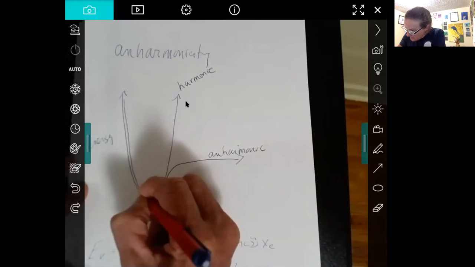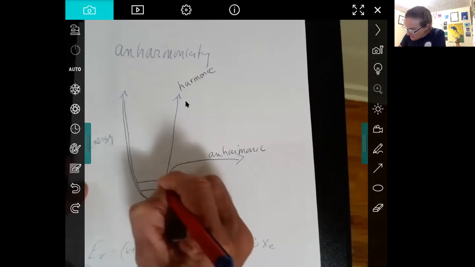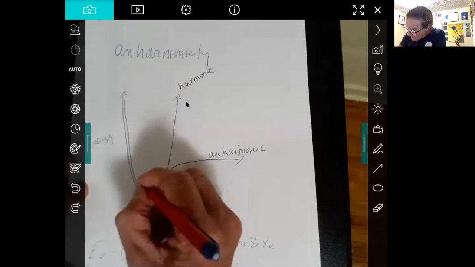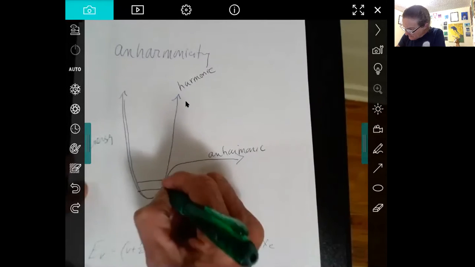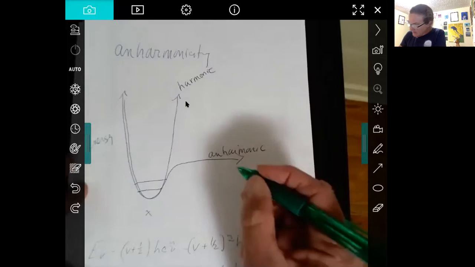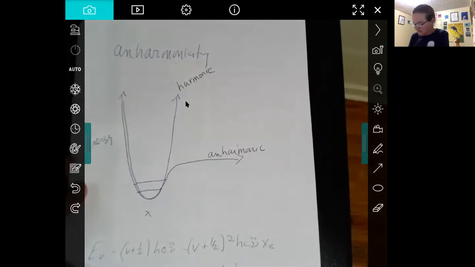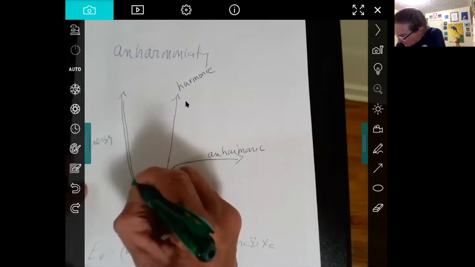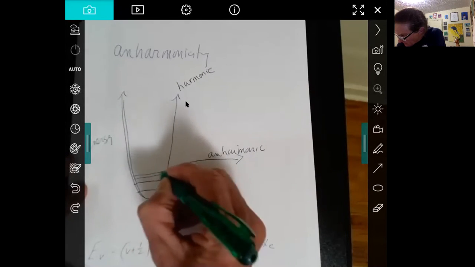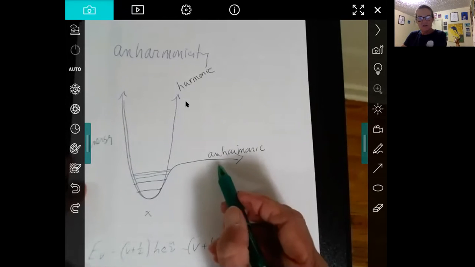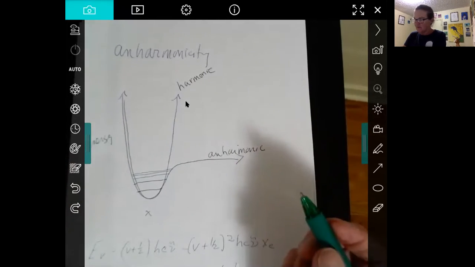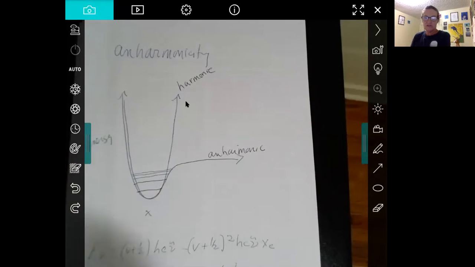When you're at low vibrational states, these two are going to have about the same solution, so the energy states will be about the same. But as you go up and up, the anharmonic ones get closer and closer until you reach this point, and then the molecule can dissociate, and then they're infinite. They're not discrete anymore. There's a continuum.